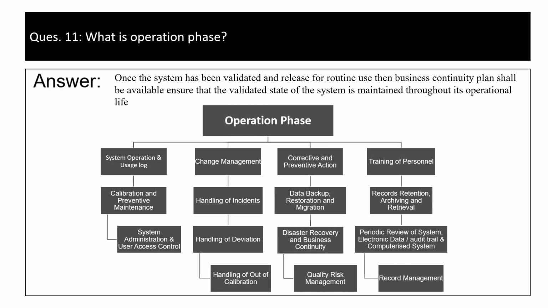The operation phase includes many procedures such as system operation and usage log, calibration and preventive maintenance, system administrator and user access control, change management, handling of incidents, handling of deviations, handling of out of calibration, corrective and preventive action, data backup, restoration and migration, disaster recovery and business continuity plan, quality risk management, training of personnel, record retention, archiving and retrieval, periodic review of the system, electronic data and audit trail of the computerized system, and record management.